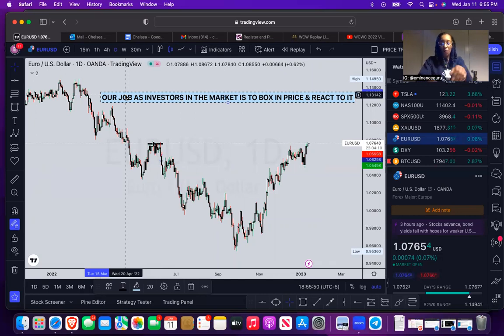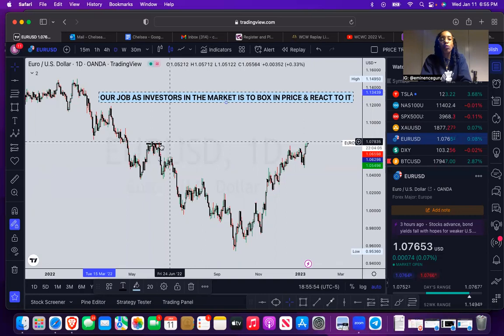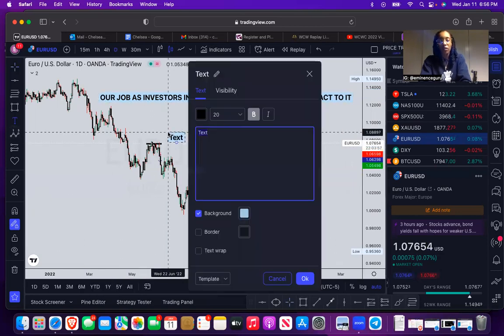Here's what I want to show you. When it comes to structure, we're going to talk about first knowing the condition of the market.